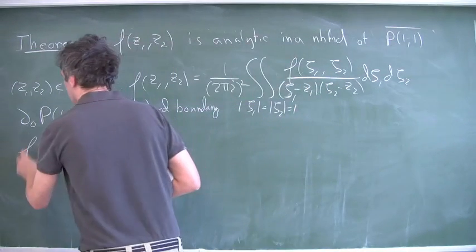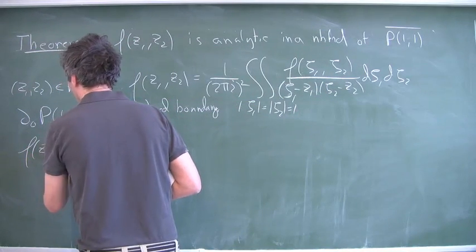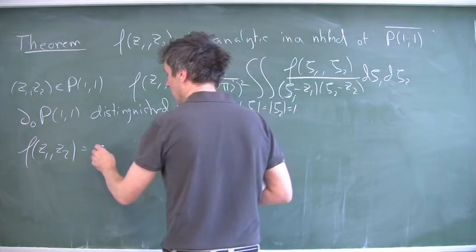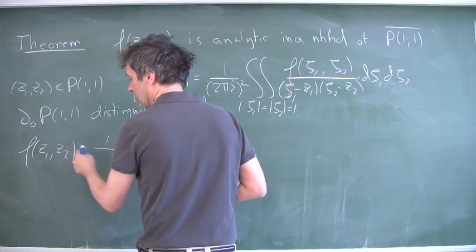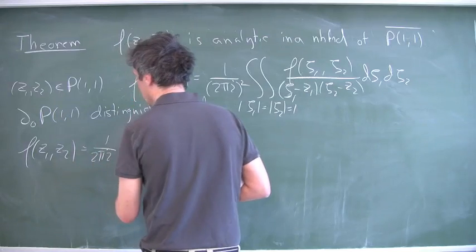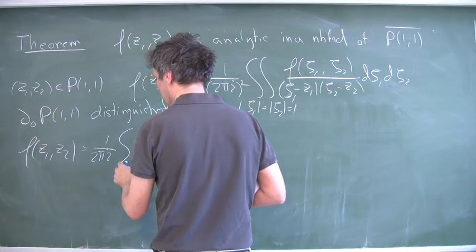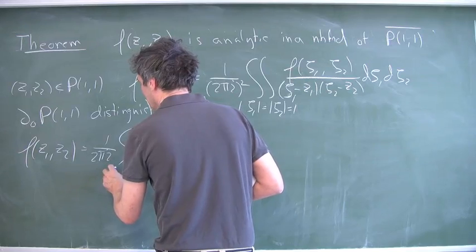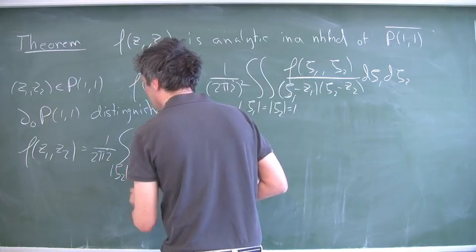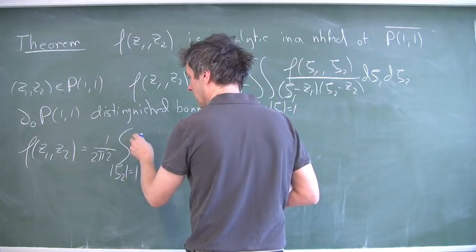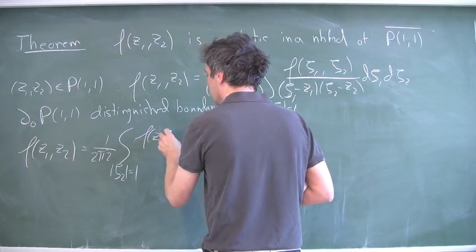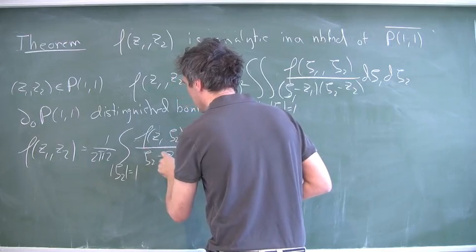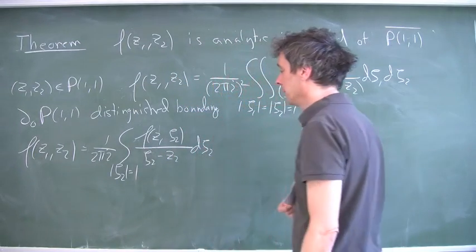So if you just start with your function f of z1 and z2, then you can keep, say, z1 fixed for the moment and consider it to be a function of z2, and then according to the ordinary Cauchy integral theorem, this is equal to the integral over absolute value of zeta 2 equal to 1 of f of z1, zeta 2 divided by zeta 2 minus z2 d zeta 2 then.